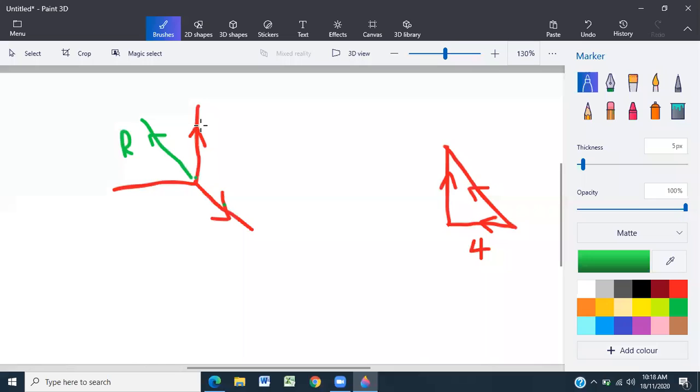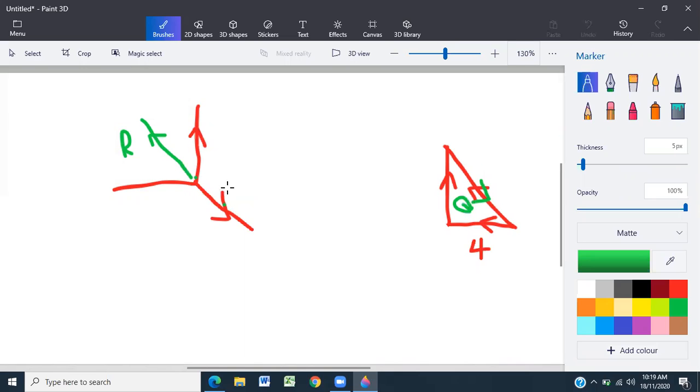So to maintain the system in equilibrium, we need a force of the same magnitude as the resultant, but in the opposite direction. We end up with this nice smooth thing.